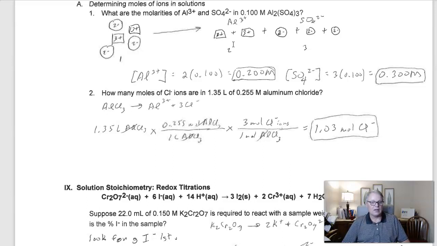Okay. Well, if my original concentration of my aluminum sulfate was 0.1 molar, do you see that the aluminum 3 plus concentration is going to be 2 times 0.1 molar? Because I've got twice as many moles floating around in there in the same volume, so therefore the concentration is twice as much. Twice as many little particles here.